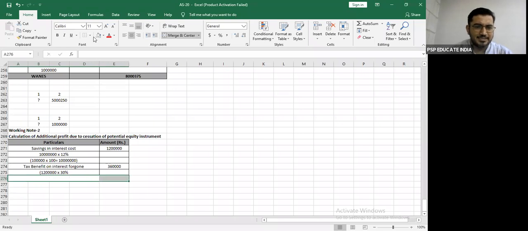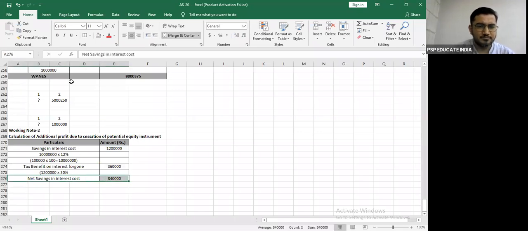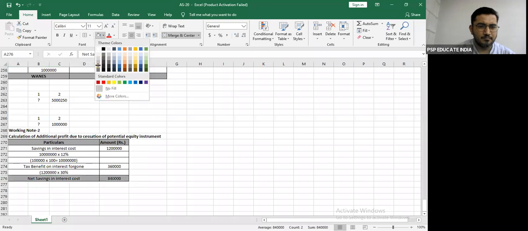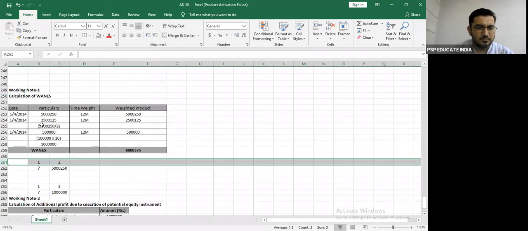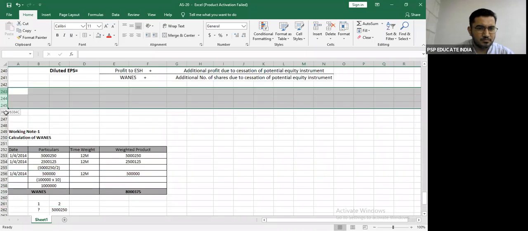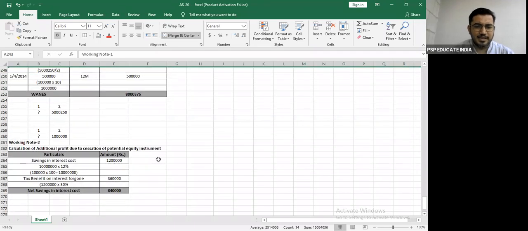So you have 3,60,000. What is your net savings in interest cost? On the chat box, net savings in the interest cost is how much? 8,40,000. Your net savings in the interest cost is 8,40,000.